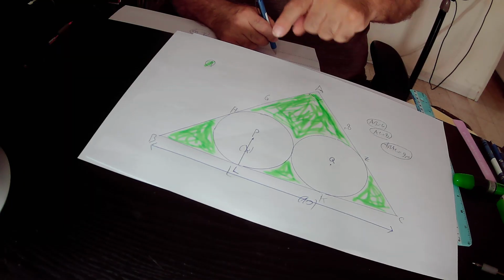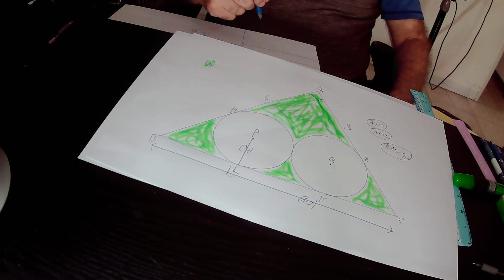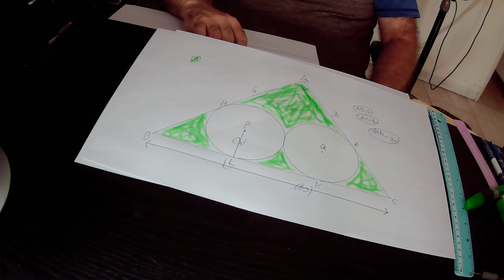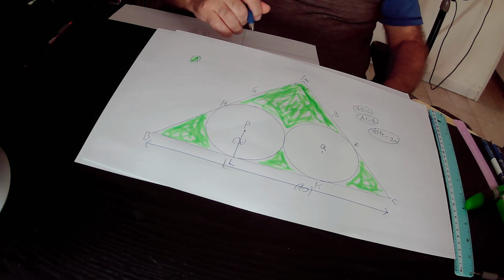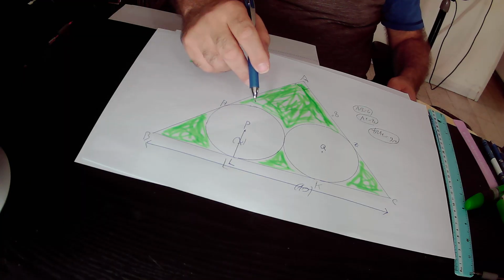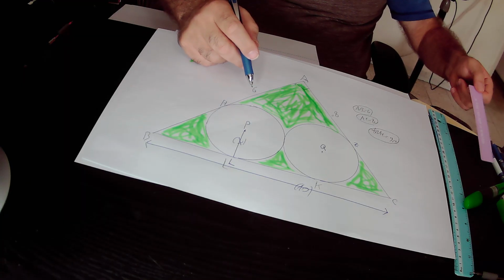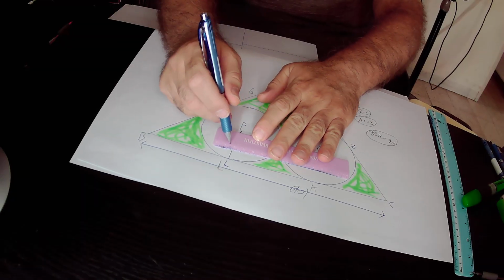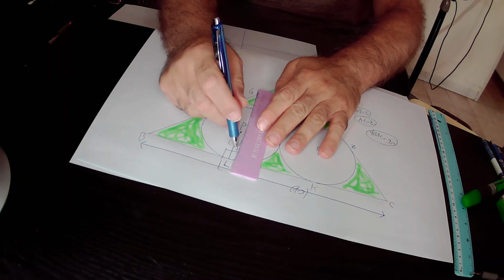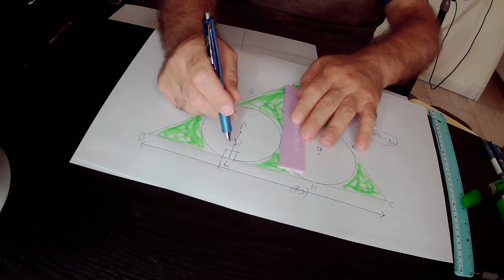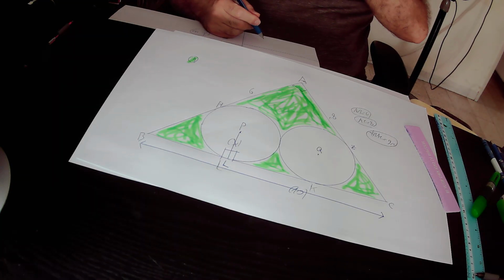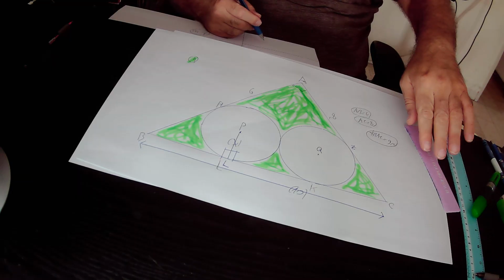The radius PL is perpendicular to the tangent BC at point L, the point of tangency. If BC is perpendicular to LP, it means that this angle equals 90 degrees. This angle also equals 90 degrees. We join points Q and K together by a straight line.